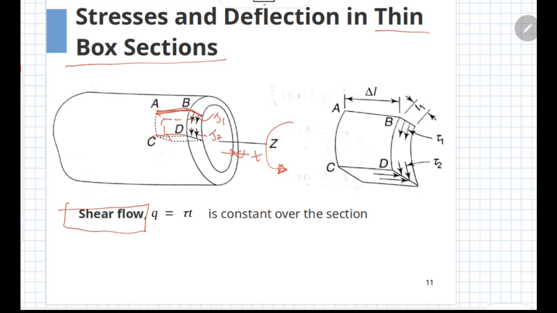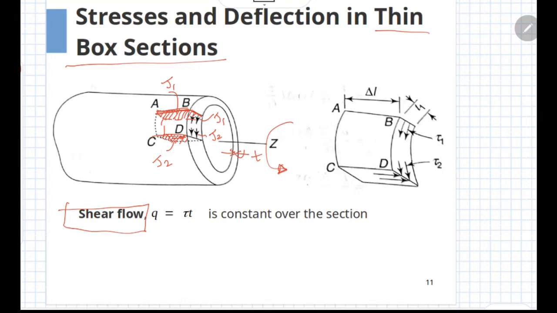By the equality of cross shears, we know that on the face parallel to edge AB, the shear stress would be equal to tau 1, and the shear stress acting along the edge CD would be equal to tau 2. So that is the starting point.